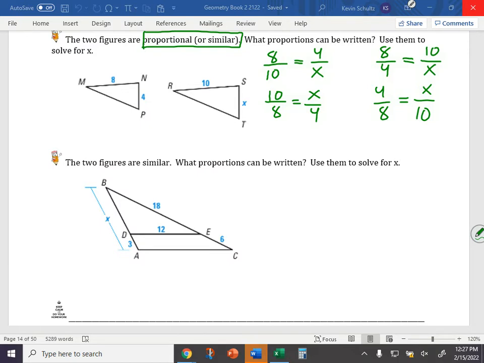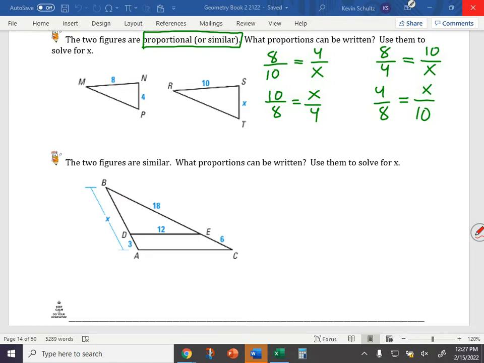But the reason why these all work is, what do all of these have in common? When we go to use cross products to solve for these, what do you notice? Just mentally use cross products on all 4 of those proportions there. What do you see happens? Joey? You always end up with the same 2 numbers. You always end up with the same products, right?